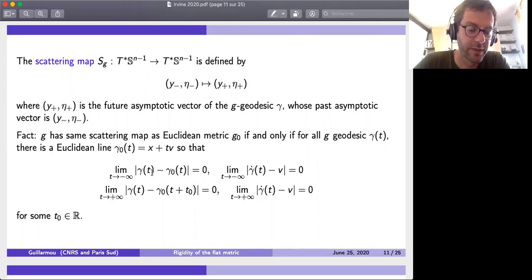So the distance between gamma t and gamma 0 t is going to 0 in the past. The tangent vector of gamma of t is also approximating the tangent vector of gamma 0, which is v. So it means that gamma and gamma 0 are really asymptotic in the past. And in the future, gamma of t is asymptotic also to gamma 0, but up to maybe a reparameterization. So there is a T0 appearing here.